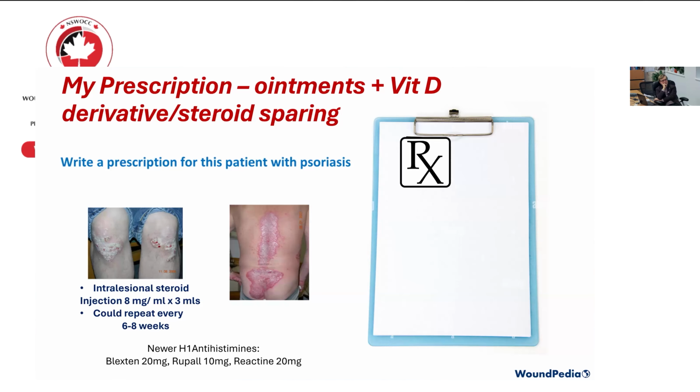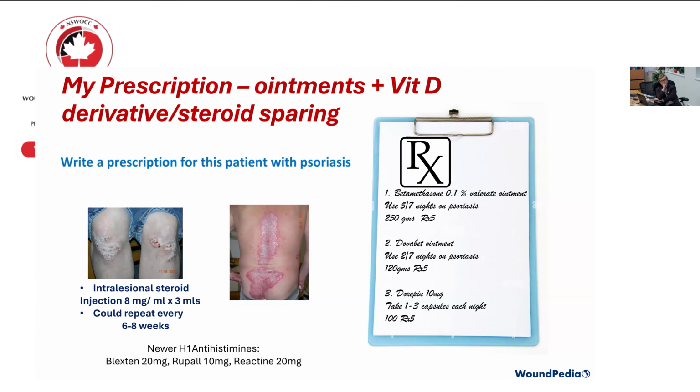And if I was writing a prescription for this psoriasis, Andrew, press the button. Use betamethasone 0.1, which is the 6 times, because psoriasis is thick, 5 out of 7 days, and this would be for the back and the knees. I would use Dovobet ointment 2 out of 7 so that I get the vitamin D derivative as steroid sparing.